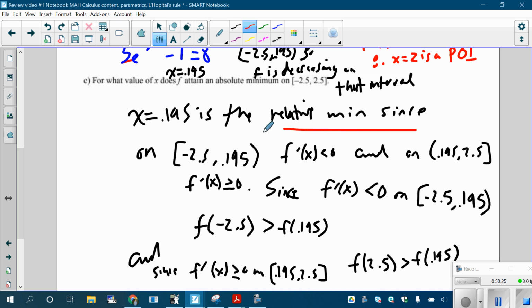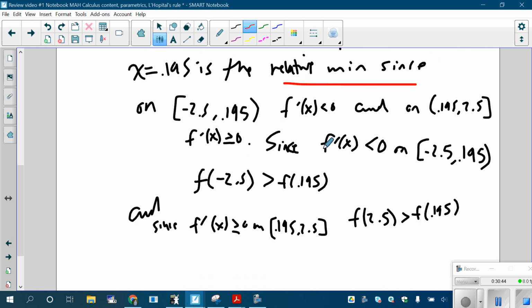I know it's a relative min since, and I'm not going to say to the left, I'm going to use my fancy notation, on the interval to the left of 0.195, the first derivative is less than 0, and to the right, it's greater than or equal to 0. So that makes it a relative min.